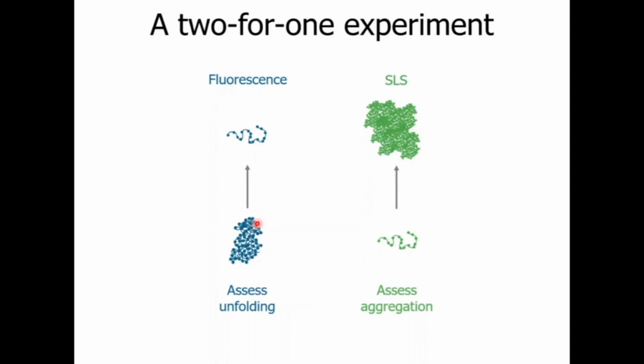But then as the protein unfolds, they will get in contact with the hostile, if you want, aqueous environment, and that leads to a change of their fluorescence behavior. The fluorescence will decrease and shift in wavelength usually. So by following the fluorescence signal over time or over a temperature gradient, we can assess how the unfolding progresses.